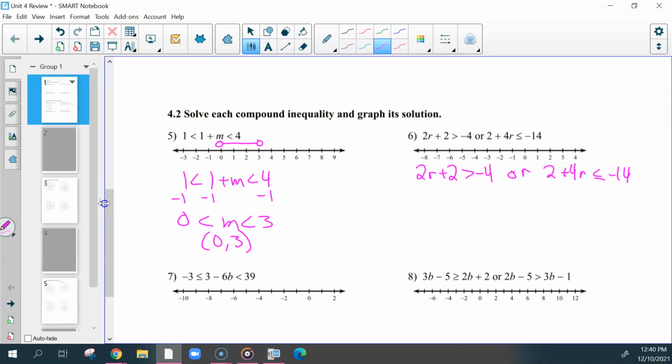I'm going to solve this one first. Subtract 2 on both sides. So 2r is greater than negative 6. Divide both sides by 2. I didn't divide by a negative, so my sign wouldn't change. And r would be greater than negative 3. So that would be an open circle at negative 3, going to the right.